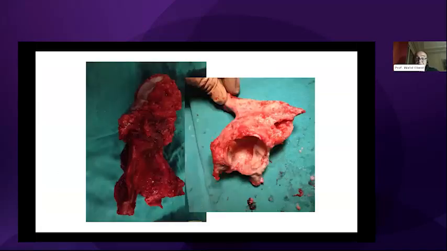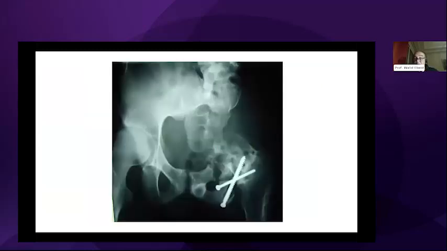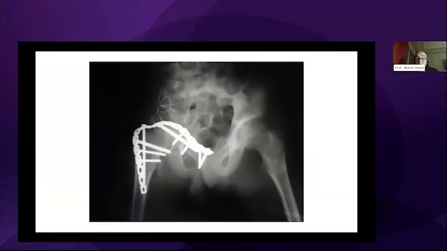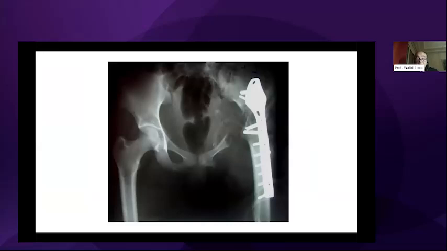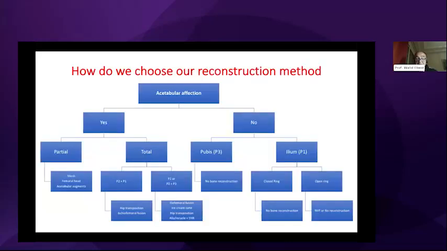Sometimes we do resection and recycling of the resected area, and then reconstruction with a combination of recycled and total hip replacement. Sometimes we fuse what's remaining of the bones, like here, ischiofemoral fusion or pubofemoral fusion, iliofemoral fusions. Sometimes we leave the pelvis open following resection of type 1 resections.